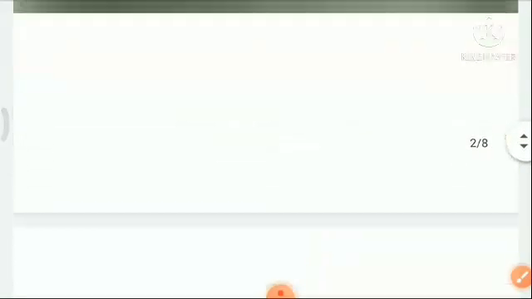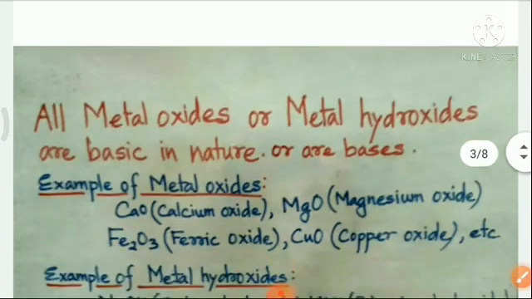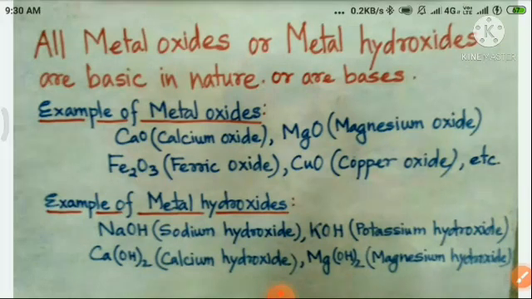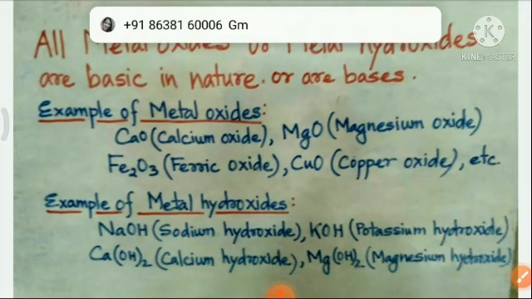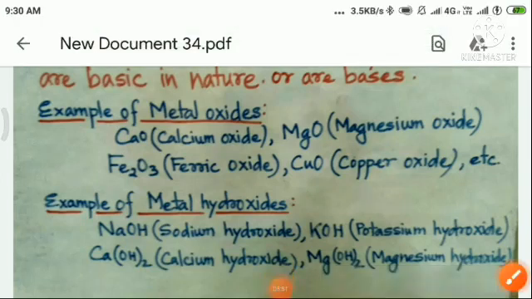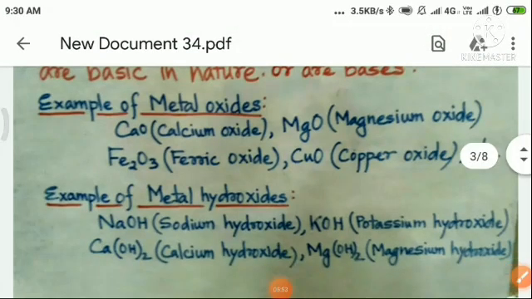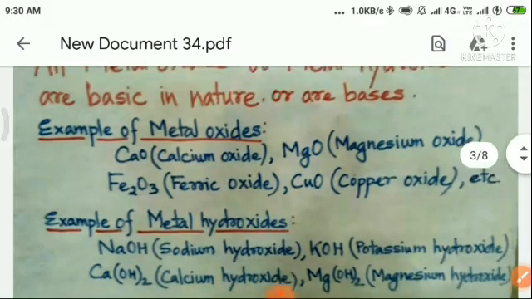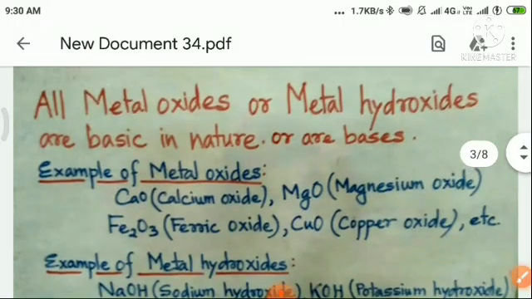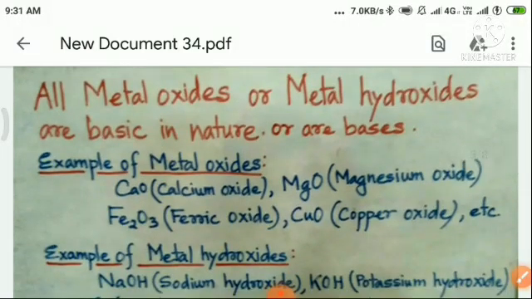All metal oxides or metal hydroxides are basic in nature, or we can call them bases.